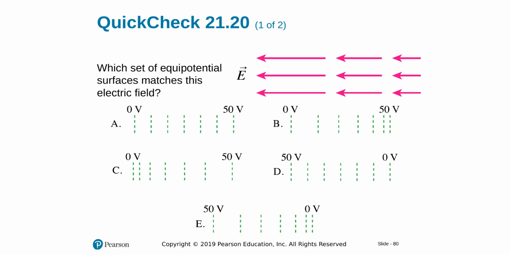And that's our answer. Another nice question here. Which set of equal potential surfaces matches this electric field? If you look at the vectors, electric field is a vector. It's to the left and it's increasing. So E is increasing as we move left in this direction. If E is increasing, remember the equation for E relating to equipotential surfaces or the electric potential, delta V over delta D, or D, the distance in between.